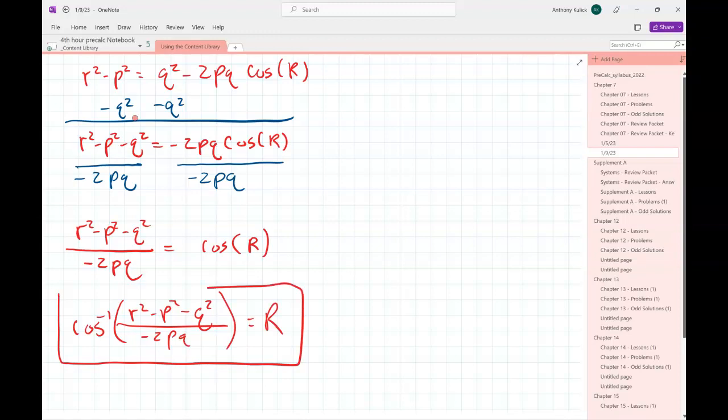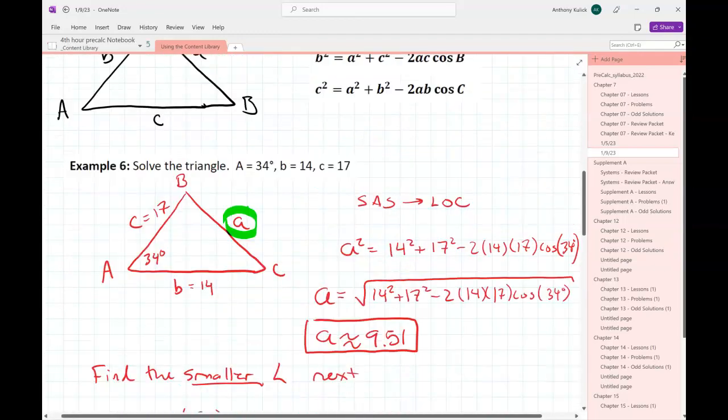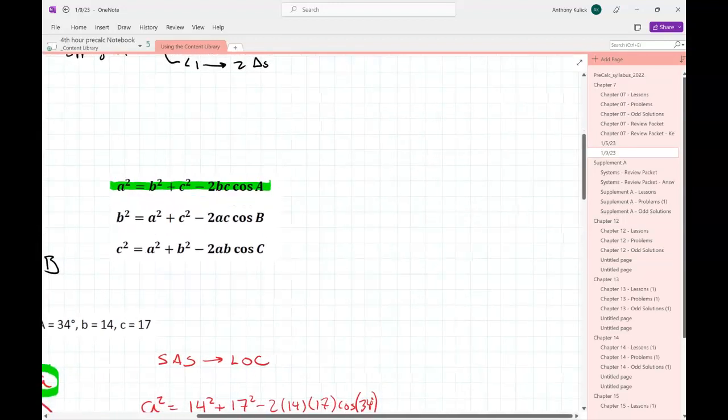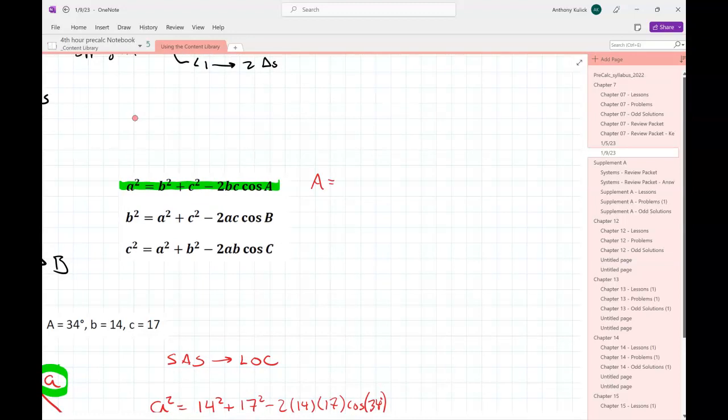So that's my formula that I'm going to be using. Let's go back up to the law of cosines real quick, and we'll write down that result in terms of A's, B's, and C's.